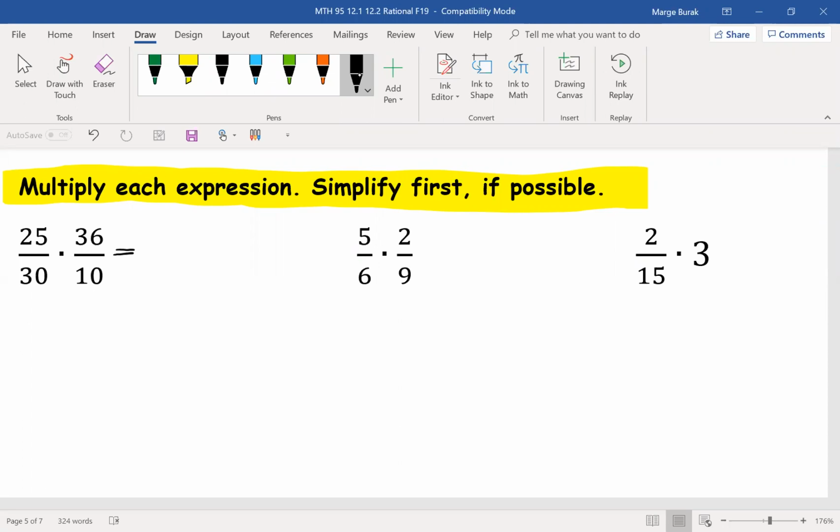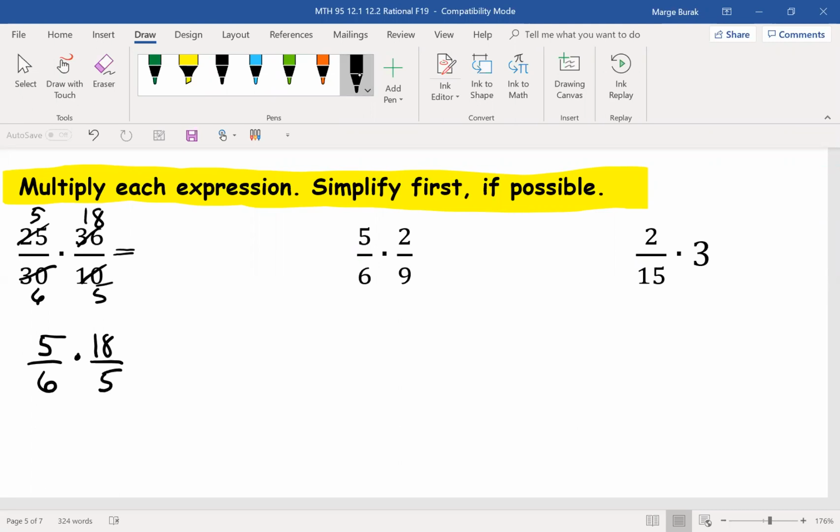So 25/30ths, I could divide both of those by 5 and get 5/6. So it's the same as times 5/6. 36/10, I could divide both of those by 2 and get 18/5.